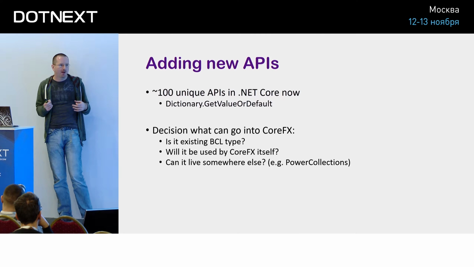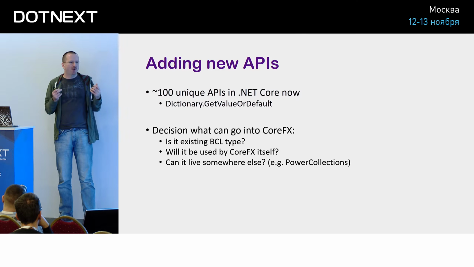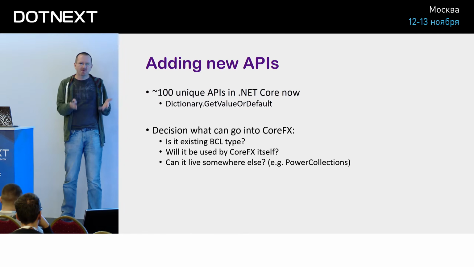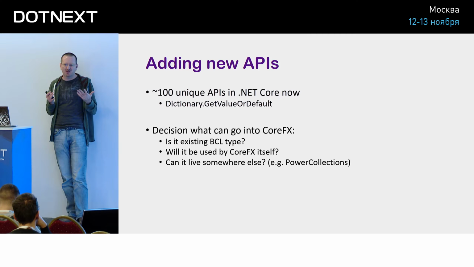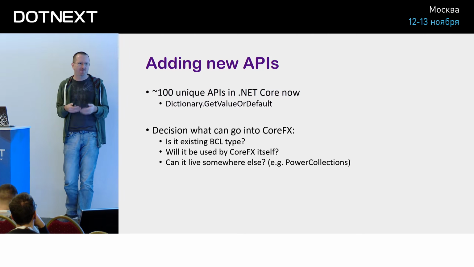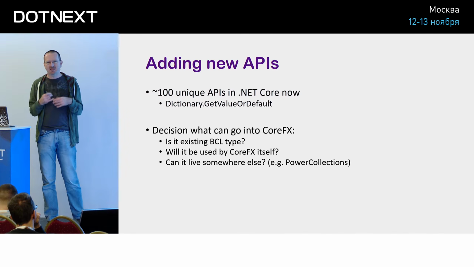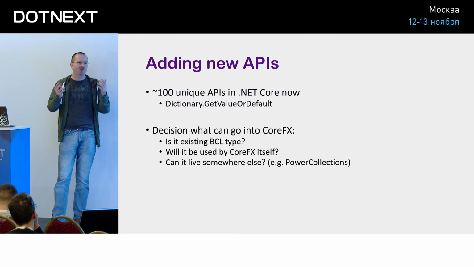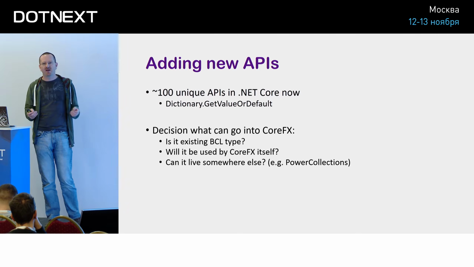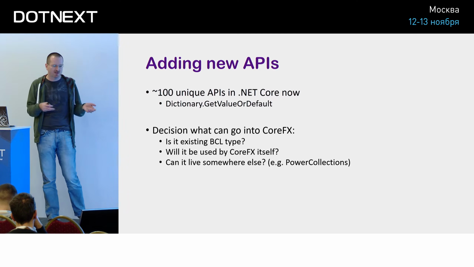So having something like CoreFX extensions, or some repo which is community-driven, would be useful because it creates a common place. If you have one type, shipping it in your own NuGet and maintaining that is a lot of overhead. Some people did that, but not everyone is able to. And even if you do, it takes time to create enough interest, before people are aware of it and start using your specialized collections.